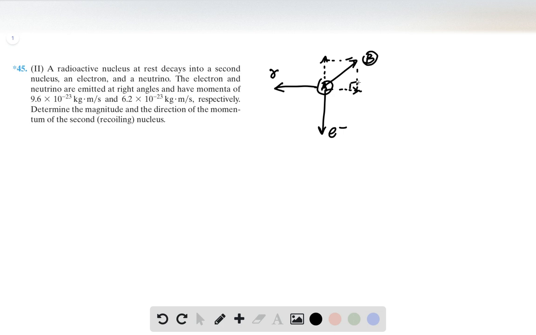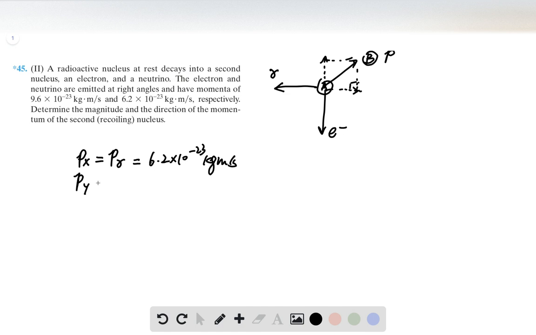So for the matter of convenience, let's assume that the neutrino is moving in the x direction and the electron is moving in the y direction. Then we have, say this is P, the x direction momentum equals the momentum of the neutrino, which equals 6.2 times 10 to the negative 23 kilogram meters per second.